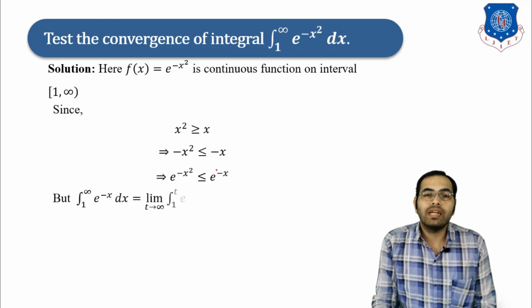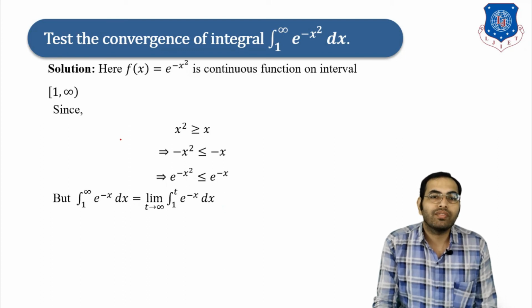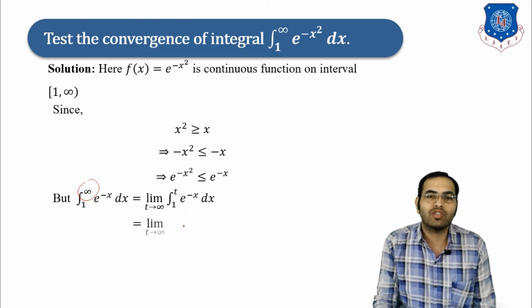But the integral from 1 to infinity of e raised to minus x dx equals the limit as t tends to infinity of the integral from 1 to t of e raised to minus x dx. This is an improper integral of type 1, where infinity is replaced by t and the limit t tends to infinity. You are all aware that the integral of e raised to minus x is minus e raised to minus x, where x runs from 1 to t.